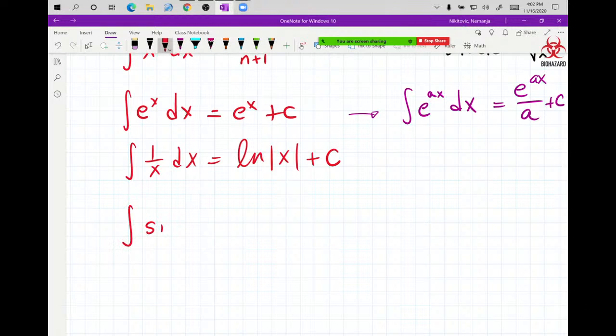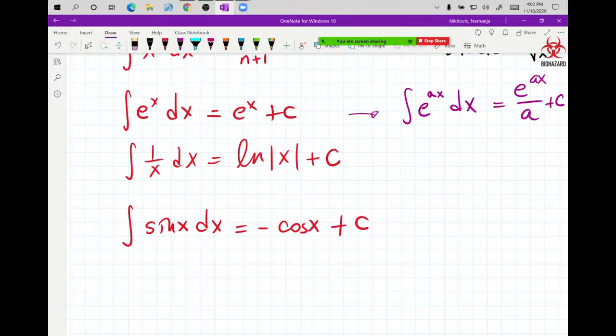The integral of sine x dx is negative cosine x plus c. You will say, well, wait, wasn't it backwards? Yes, it was backwards, but this is backwards. So sure, it's going to be backwards. See, the derivative of cosine is negative sine, and then this negative will make it into a positive.